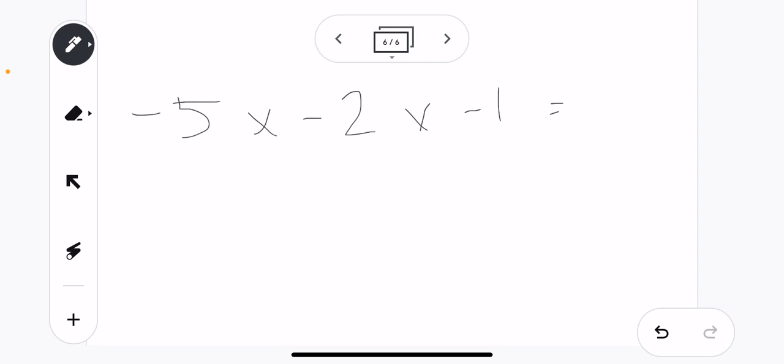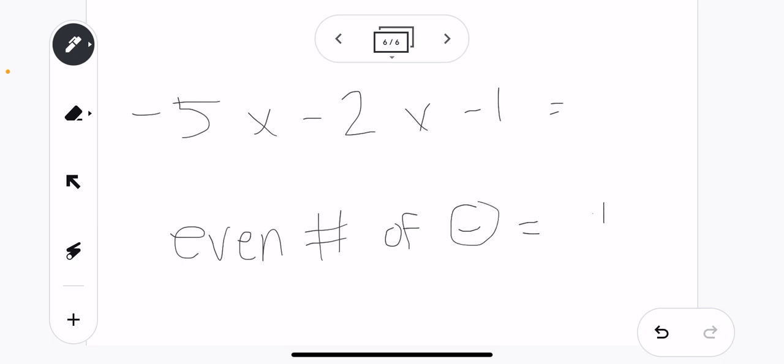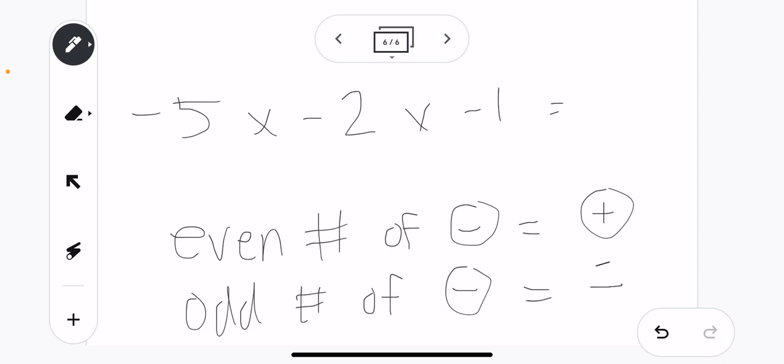It's an even number of negatives that equal a positive. An odd number of negatives equal a negative. So this has 1, 2, 3 negative numbers. This is an odd number. Therefore, the answer to this is going to be a negative number.